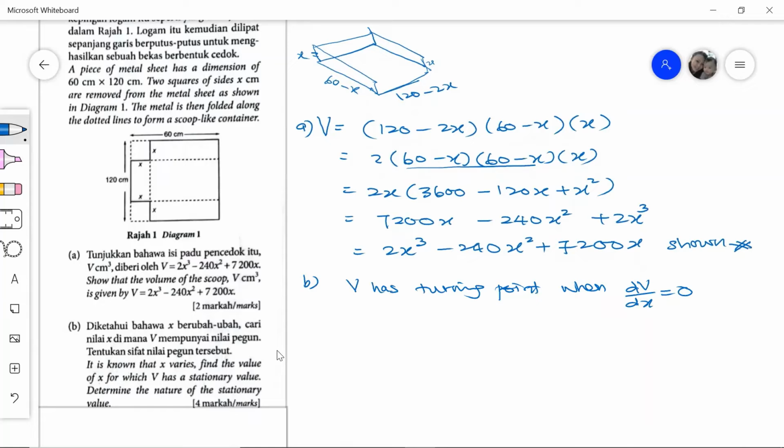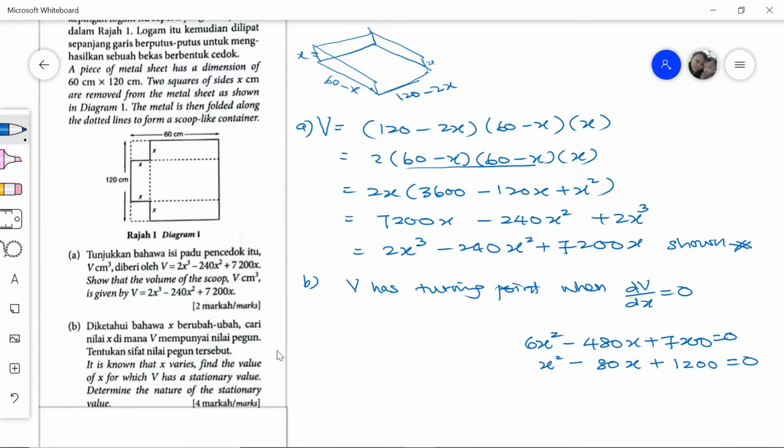So let's differentiate V with respect to x. We have 6x squared minus 480x plus 7,200 equals 0. Let's factorize by dividing everything by 6. So we have x squared minus 80x plus 1,200 equals 0.